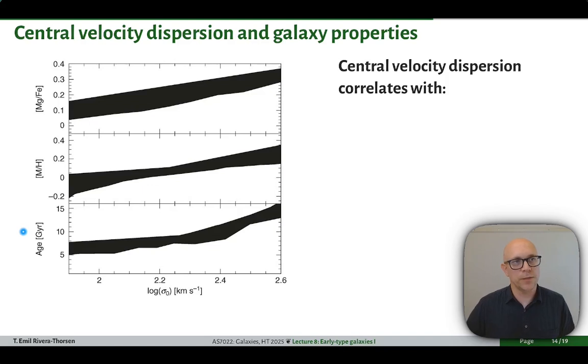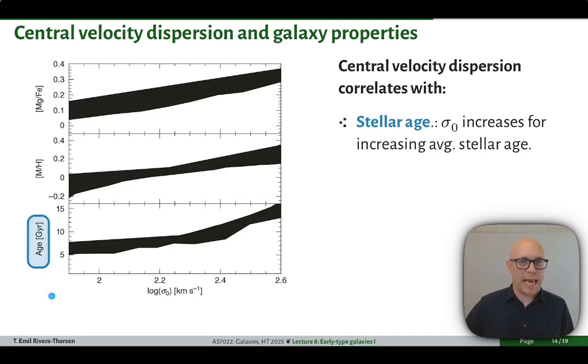Finally, we know that there are correlations between the central velocity dispersion and various galaxy properties. The central velocity dispersion correlates firstly with the age of the stars. So larger central velocity dispersion correlates with a higher stellar age, which should not come as a huge surprise if we think of it.